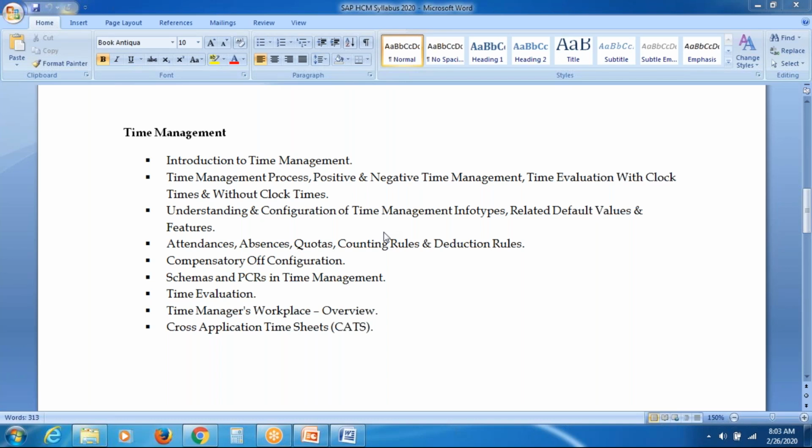All these things have to be considered, and the time evaluation will be performed by the system. And then finally, after the time evaluation is over, the time evaluation results have to be forwarded to the payroll.